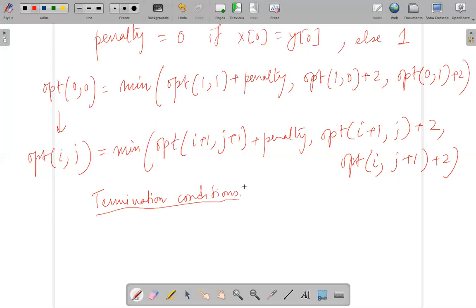Again, there are two cases for termination. Okay.